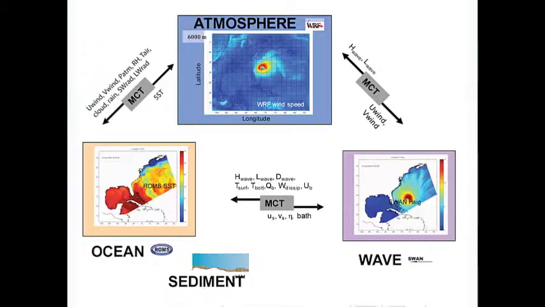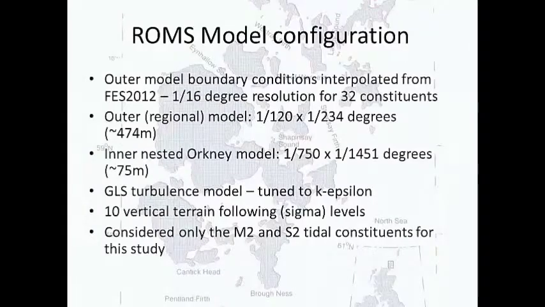To set the model up, I run an outer model first. The outer model is all in spherical coordinates, at about 500 meters resolution, and it's directly forced with FES 2012, which not many people use. It's an altimetry product. Most people tend to use TPXO, but FES is a fairly new product, and it's quite sophisticated.